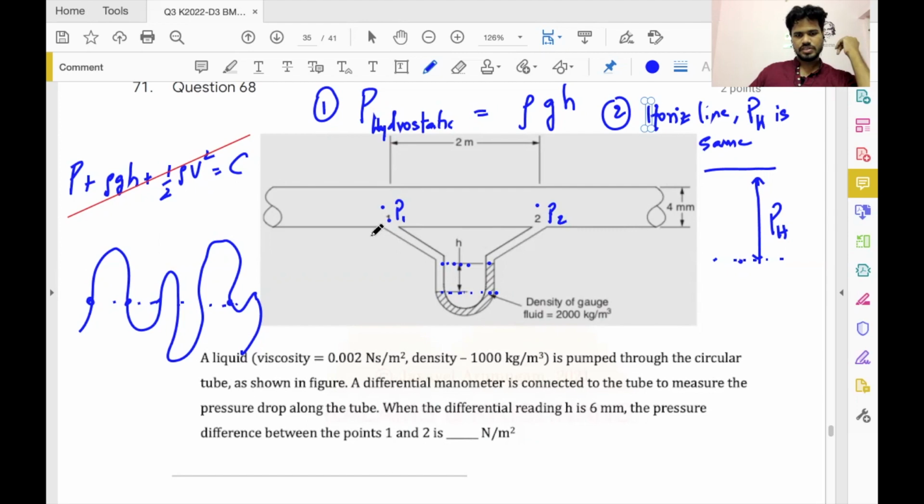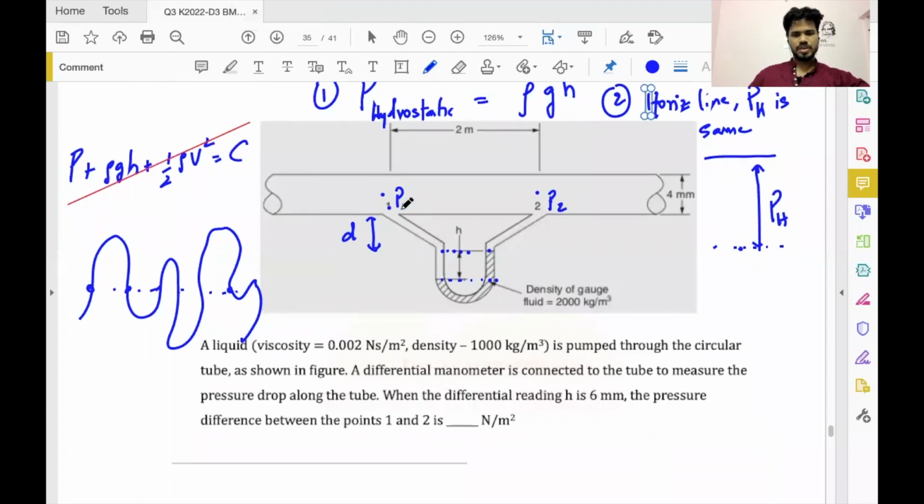Let's call the depth till this point as depth D. If you use this as a reference, for now I'm just going to call this 0 or a reference.